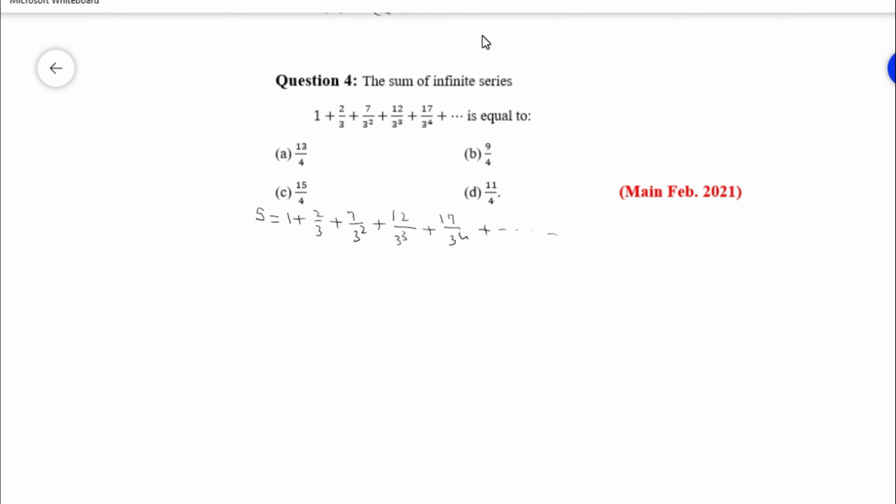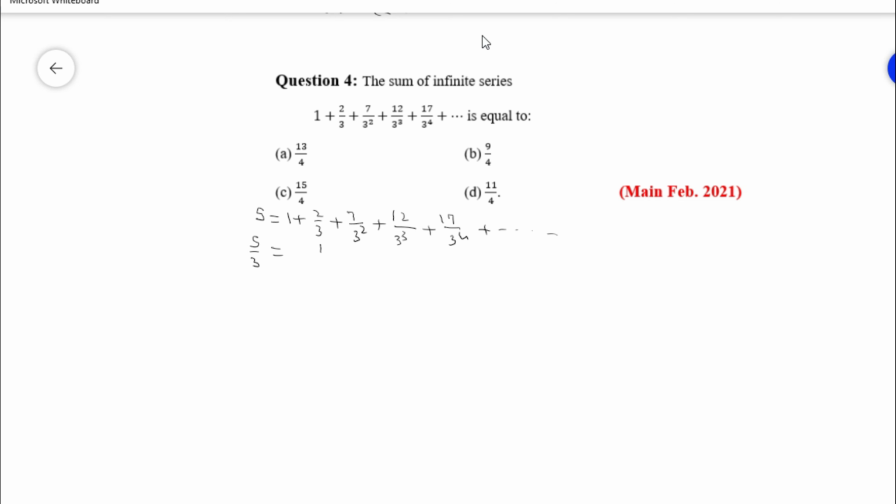This is arithmetico-geometric series of infinite terms whose common ratio is 1 upon 3. So we multiply s by 1 upon 3. Multiplying s by 1 upon 3 both sides, and we write shifting one term.